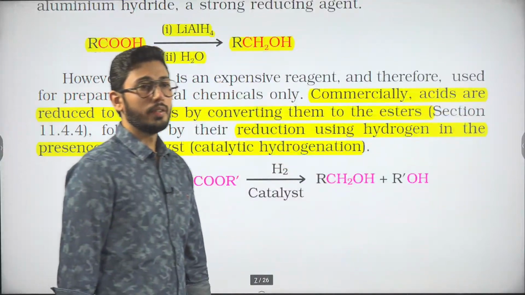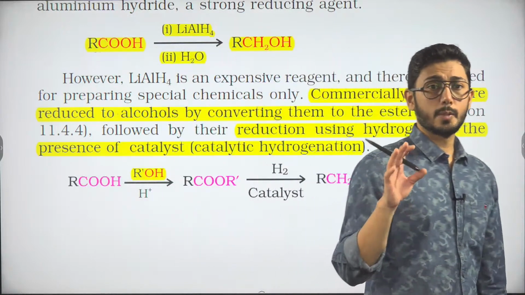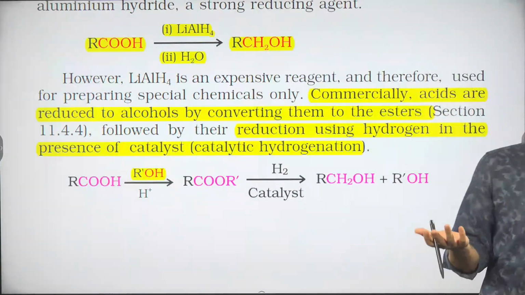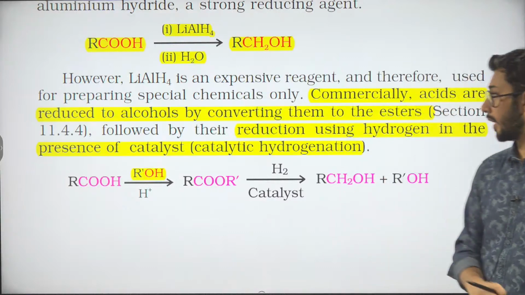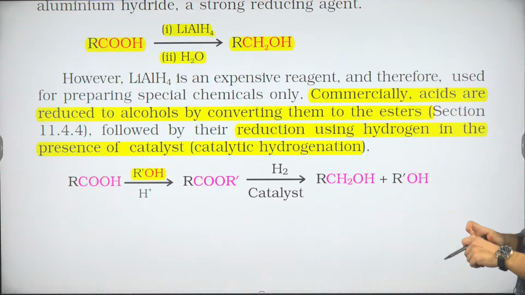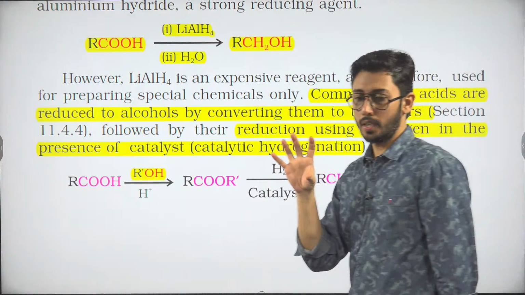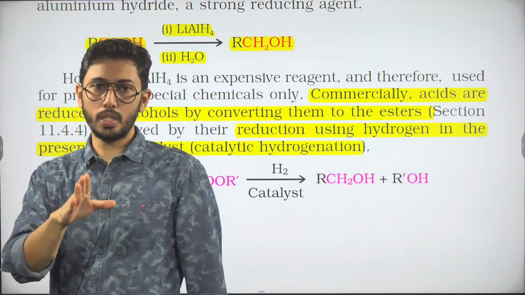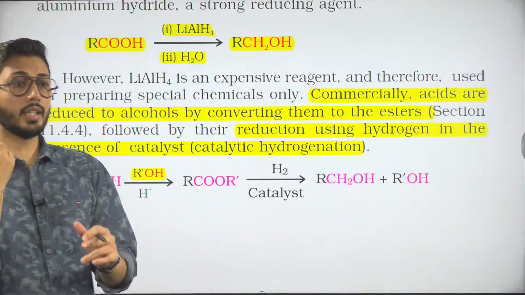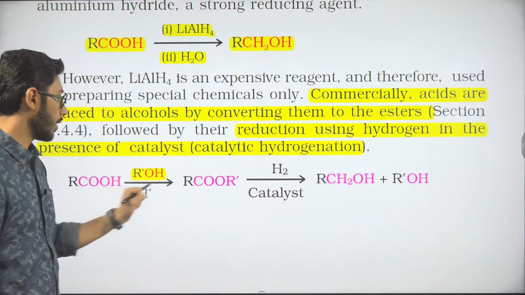Then one point is given here: LiAlH4 is an expensive reagent. So how do we prepare alcohols in bulk amounts commercially? That is given here. Commercially, acids are reduced to alcohols. We are converting carboxylic acid to alcohol not directly, but rather by doing what? Which reaction? Esterification.